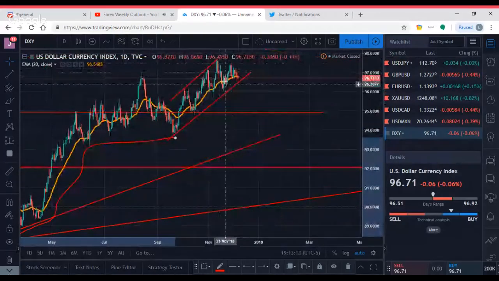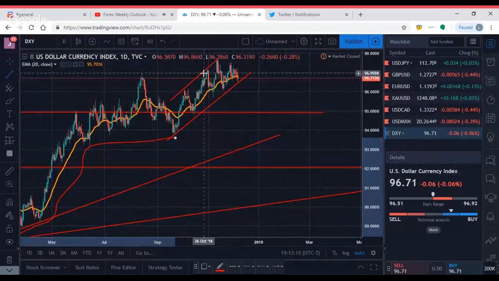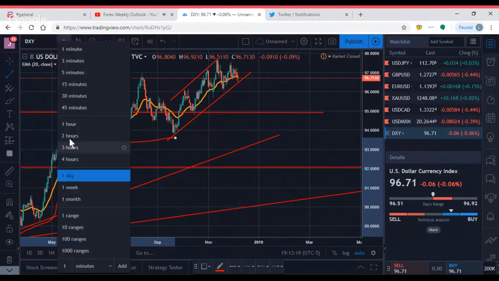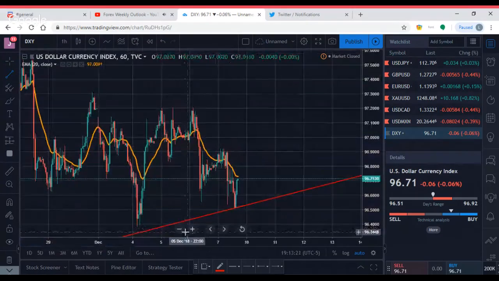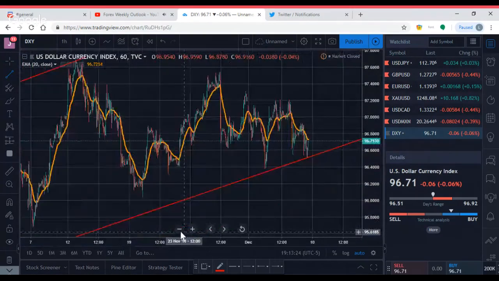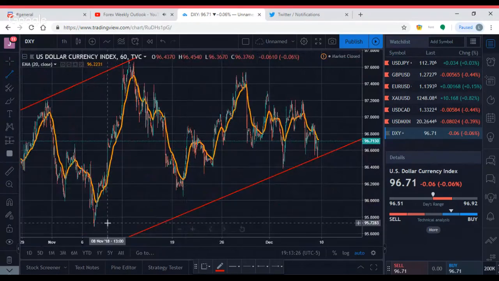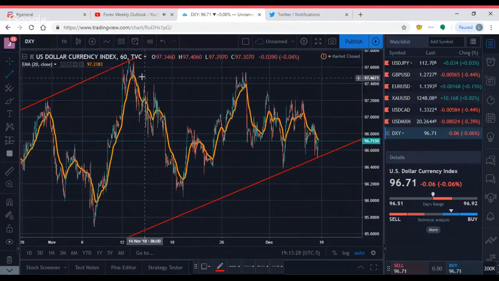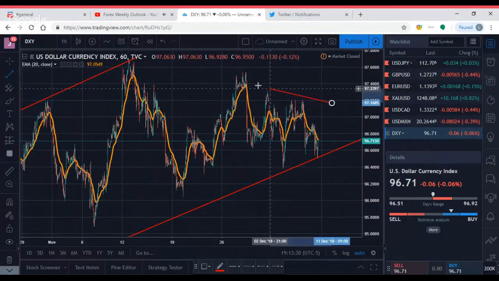So you sort of see it starting to put in some lower highs. Let me actually go to the 1 hour for this. The lowest one I go for my outlooks is 1 hour. You see some lower highs here.